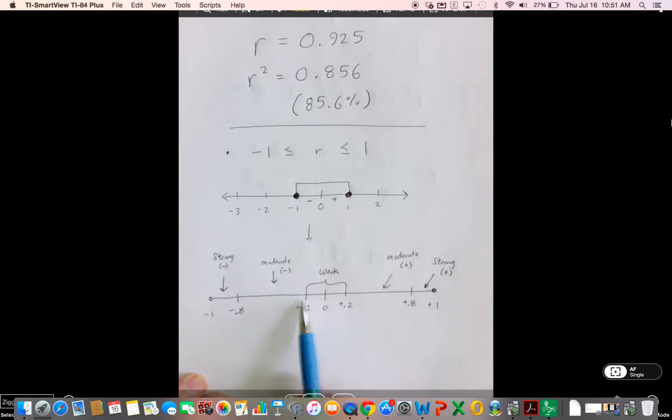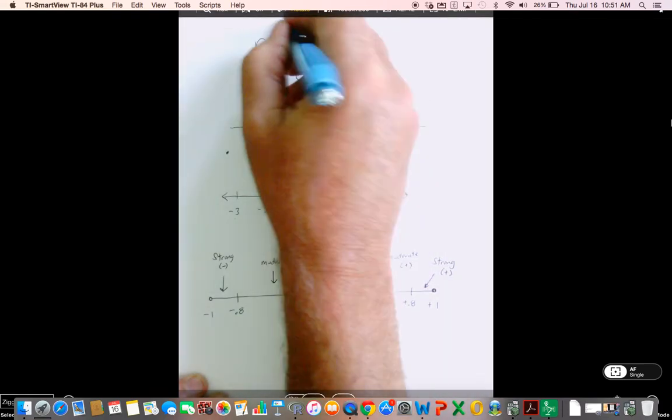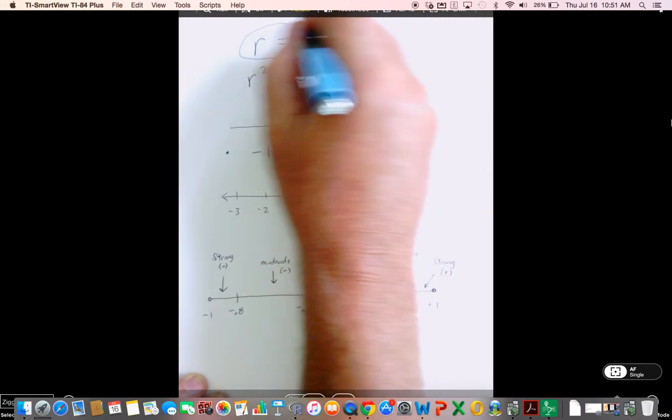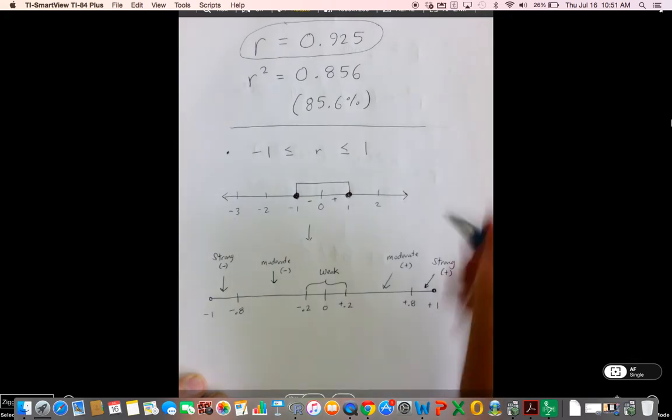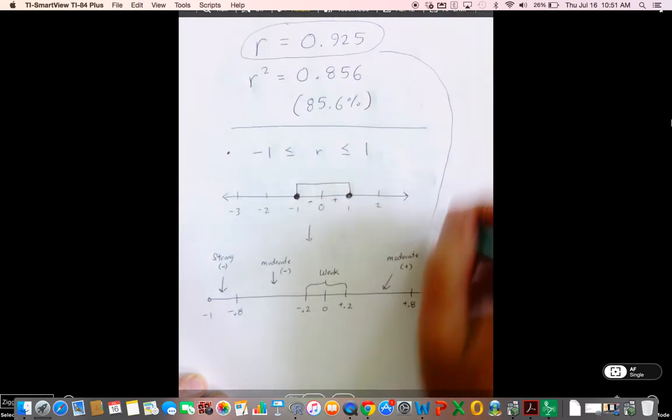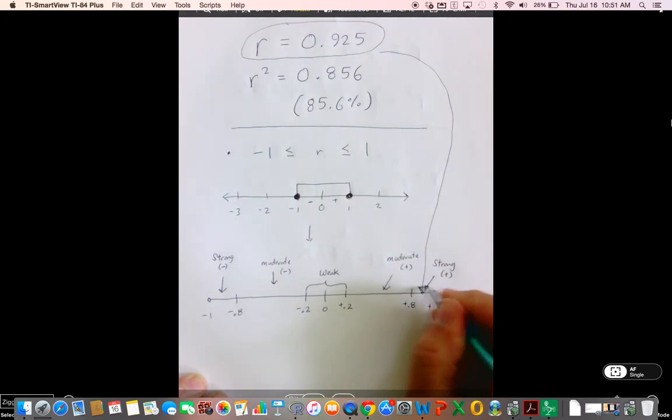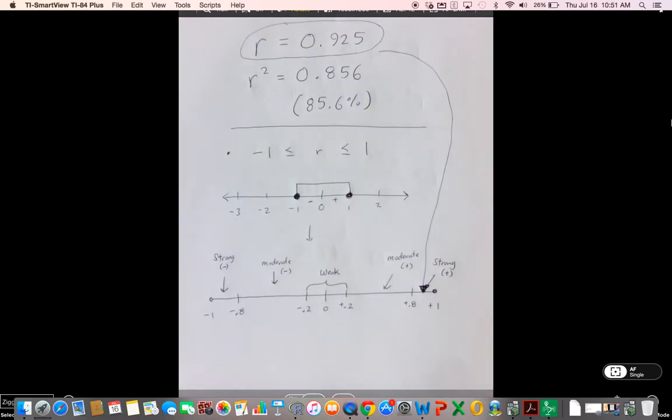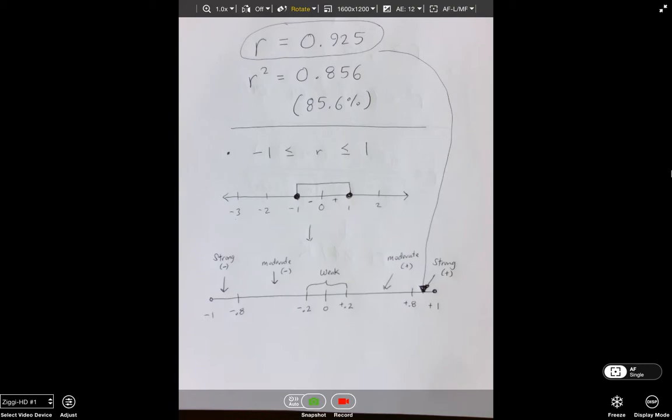If it's from 0 to -0.2, it's a weak negative. If it's from 0 to +0.2, it's a weak positive. Our R value of 0.925 falls right there. So the R value substantiates, almost you could say validates, what we saw on our scatter plot.